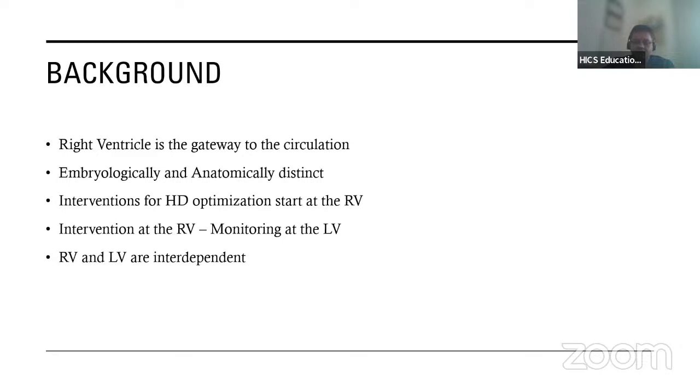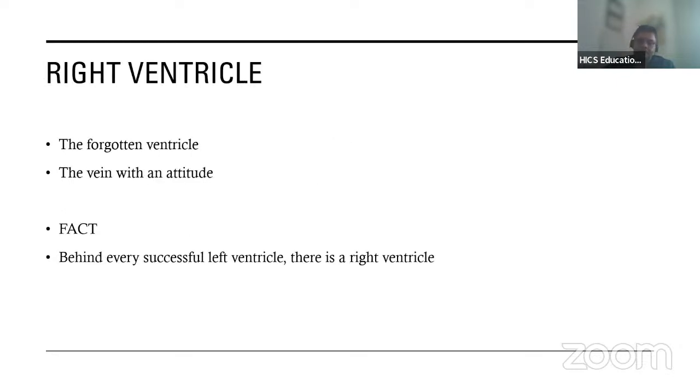Suppose you are draining out fluid for a patient who is hypoxemic, you are trying to offload the right ventricle, hoping that the perfusion pressures, which are a marker of left-sided heart function, are improving. So you are intervening for hemodynamics on the right side of the heart while you are monitoring the left side. What happens at the right side is critically important because the right ventricle and the left ventricle are interdependent upon each other.